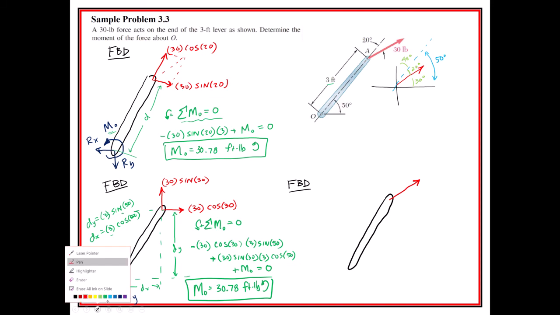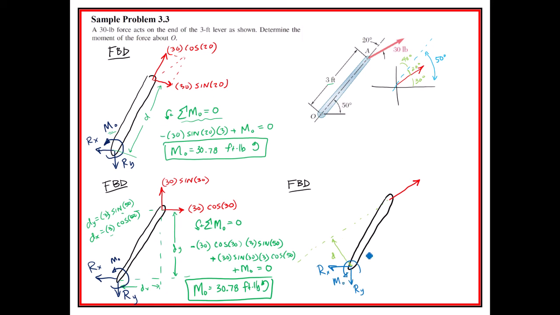What we do here is drop down a line of action and then figure out what that distance was, right? And that right there would totally be legitimate. It would just be harder to do. And I don't know about you, but some of this stuff is already hard enough, so it's not worth it. I'm not even going to bother with it.